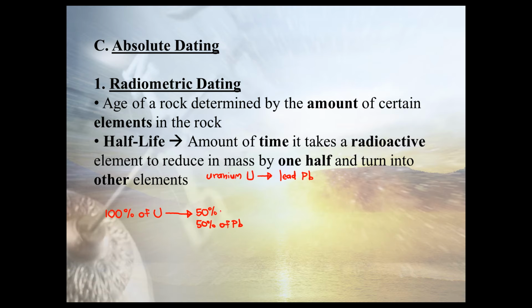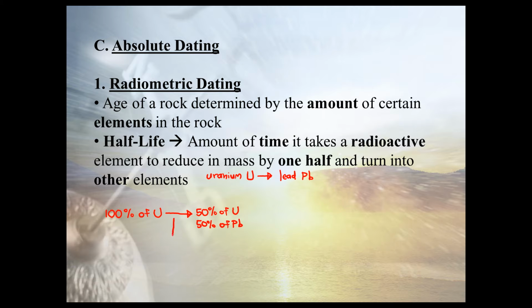So what that means is that 50% of the uranium has turned into lead, and the other 50% of the uranium has not turned into lead yet. It's still uranium. If you look at this right here, what's happened is I have 100% of uranium, and this has turned into 50% of uranium. So I only have 1/2 of the uranium left.